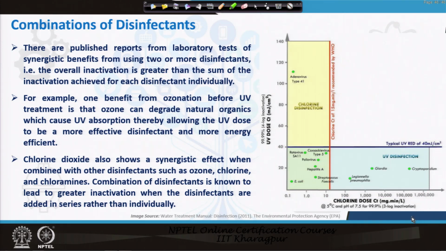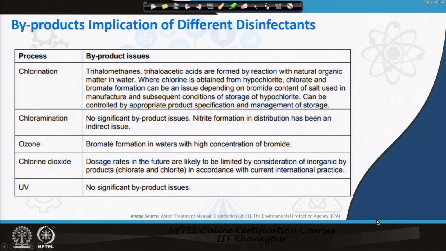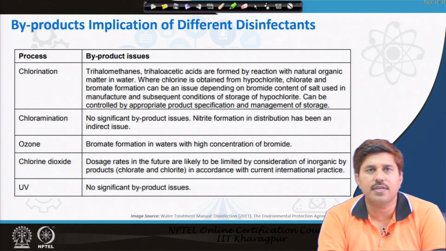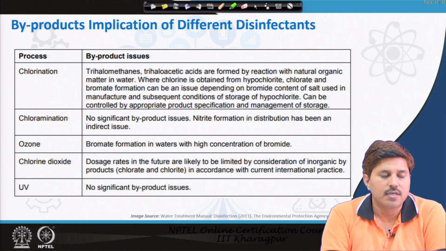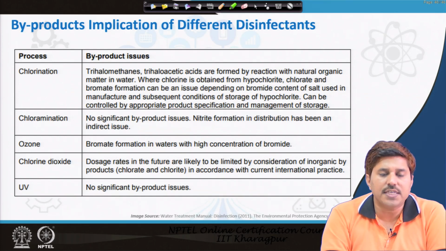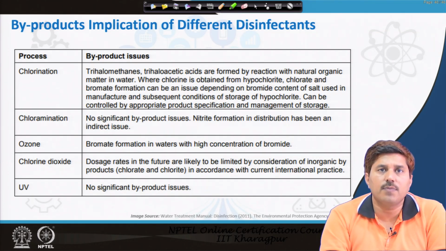Okay. So, that way we can see that a combination of disinfectants may also end up giving better results at times. Now, if you see the byproduct implications of the different disinfectants we have seen so far, chlorination, as we discussed, is one of the most risky in terms of byproduct formation.